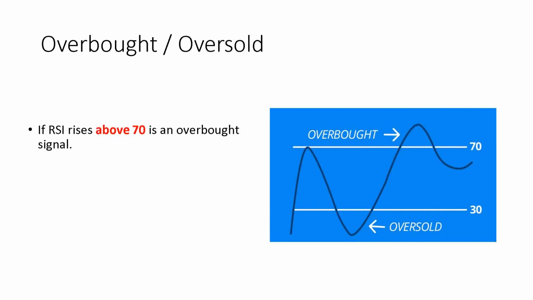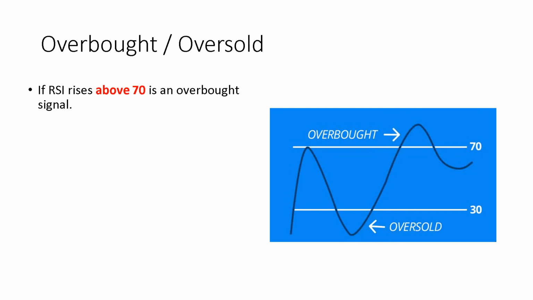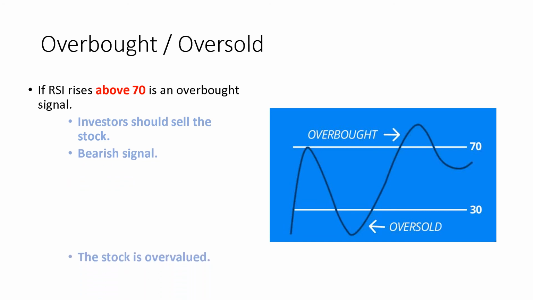This is an overbought signal. Investors should sell the stock. RSI above 70 is a bearish signal. The stock is overvalued and may be primed for a trend reversal or corrective price pullback.